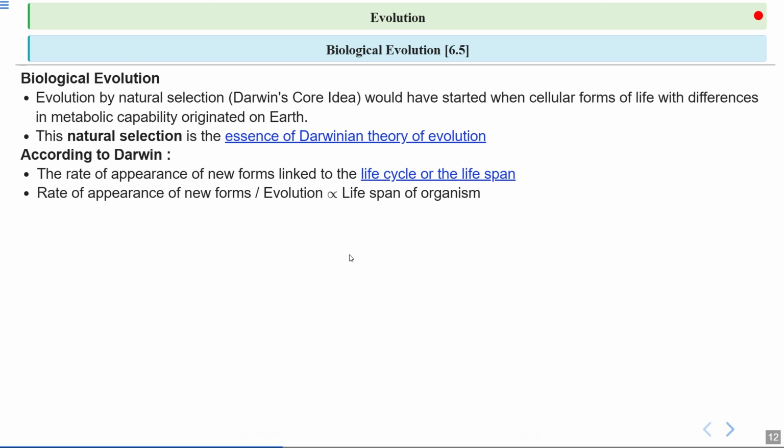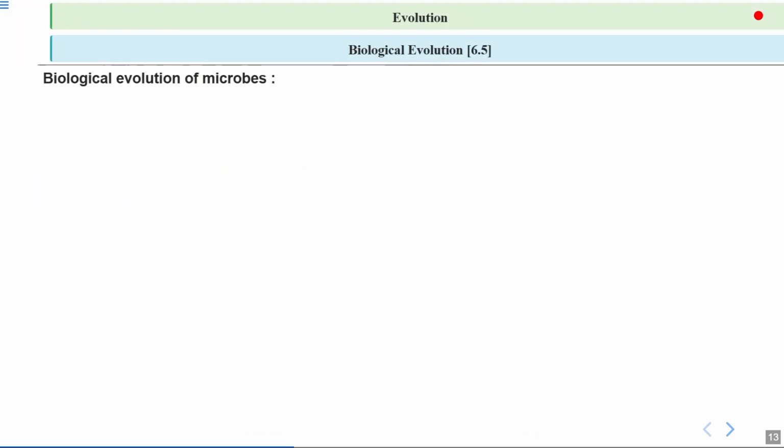An example is the biological evolution of microbes. Microorganisms can evolve very fast because their lifespan is very short. Clear? So what happens when they multiply? There are a lot of variations. These variations accumulate over generations and lead to the development of a new species.